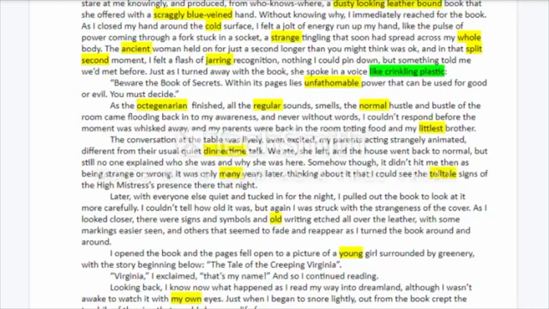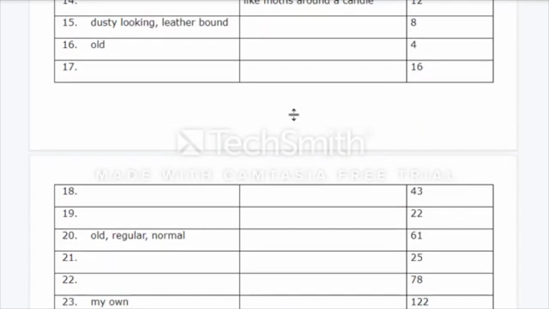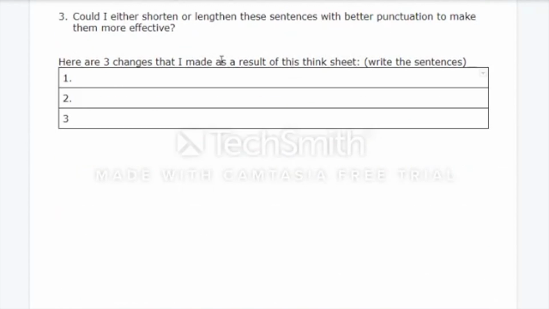Now I can go back and change them in my writing think sheet, but really what I want to do is go to the bottom of the writing think sheet. So I'm going to add in here that I changed 3 old to other adjectives.